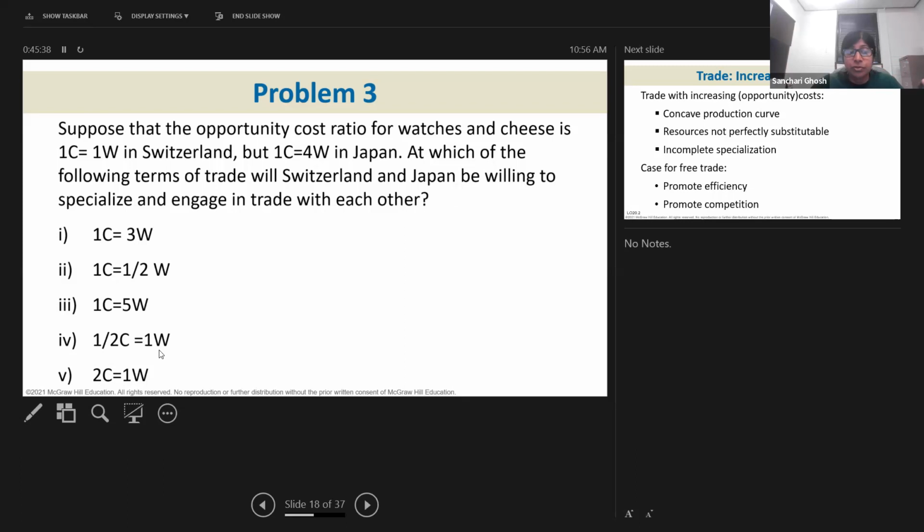For Japan, it has to sacrifice 1 watch and get half a cheese, or it can get 2 watches and Switzerland has to only give half a cheese. So anything between 1 to 4 is acceptable for Japan. Anything between 0 and 1 is acceptable for Switzerland as far as cheese is concerned.